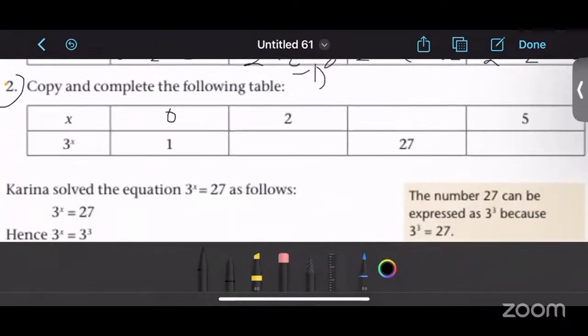And then how do we do number two? 3 to the power of x equals 9. Here we have already been given x equals 2.